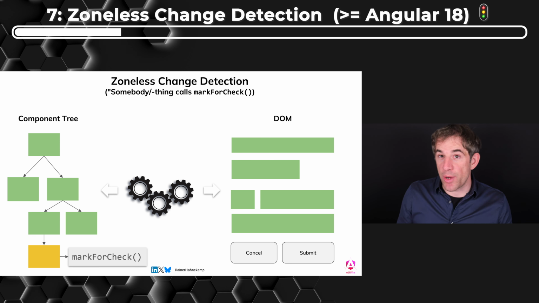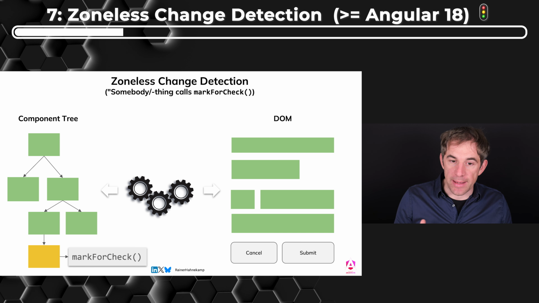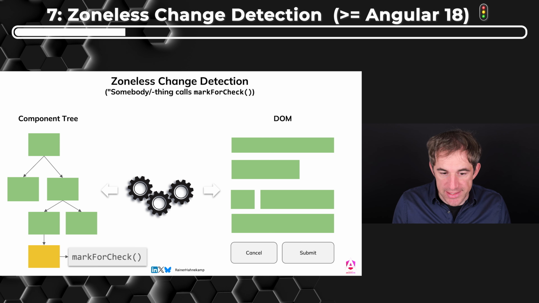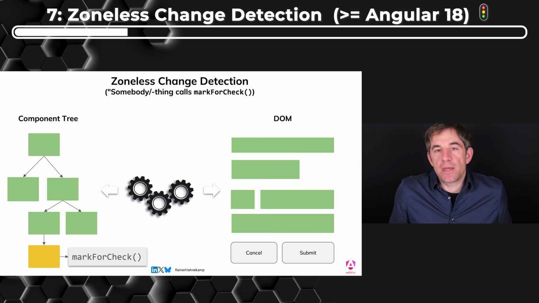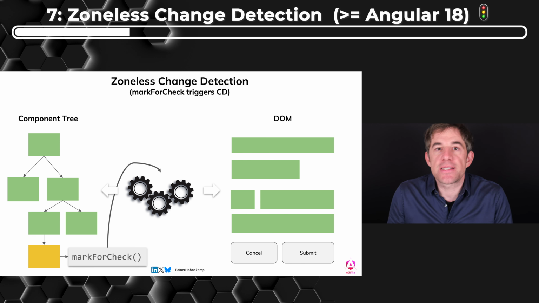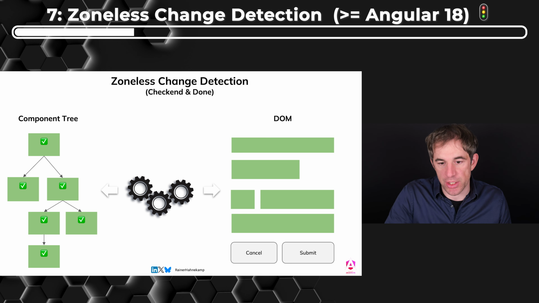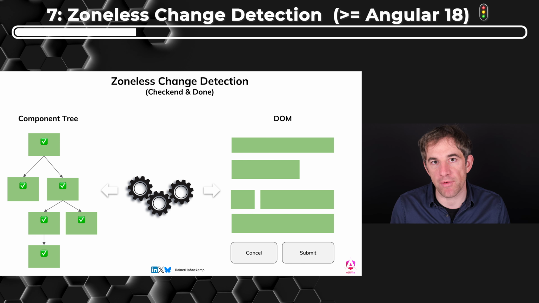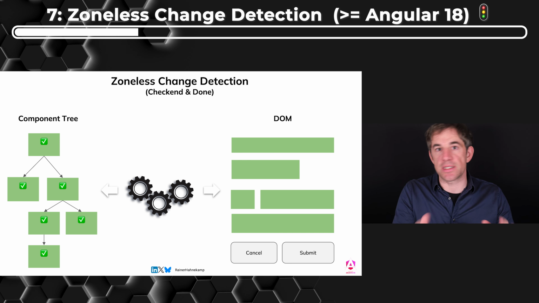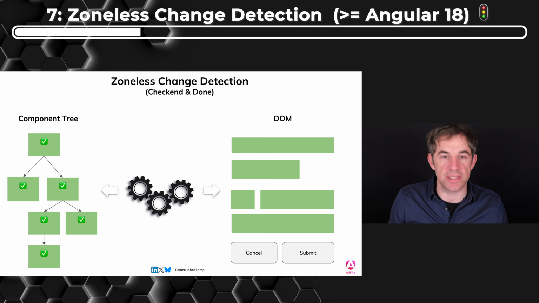And by now we know what kind of events do this. Then markForCheck says, okay, I am now triggering the change detection myself. And then it's as it was before. Change detection starts at the very top and goes through, unless we did some local change detection with OnPush, etc.